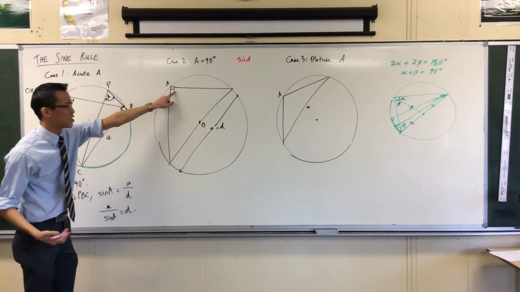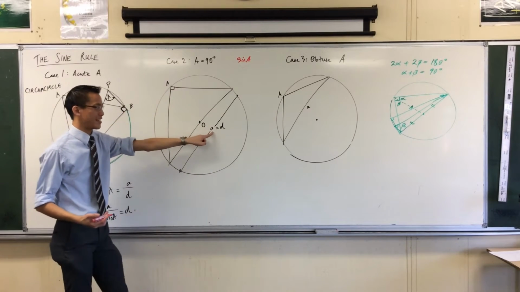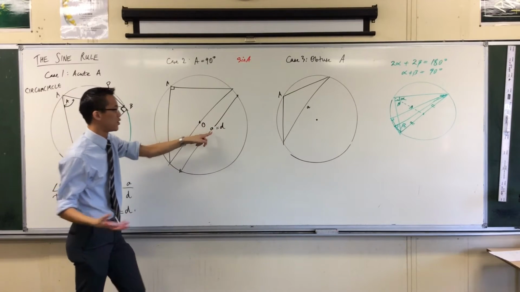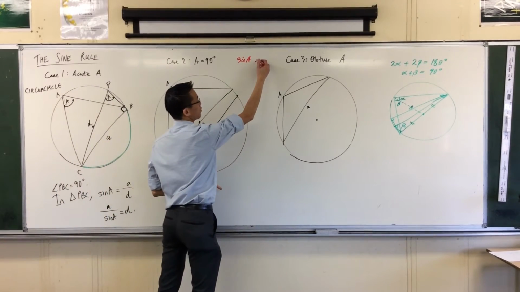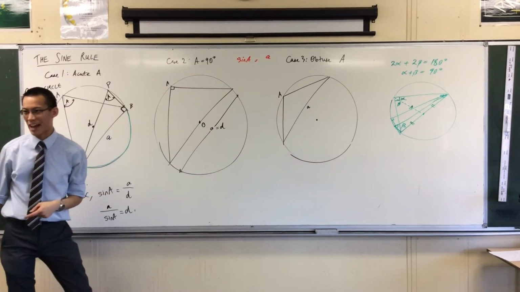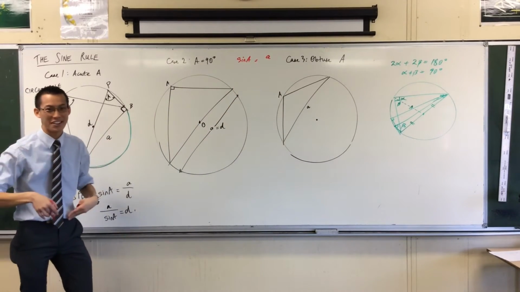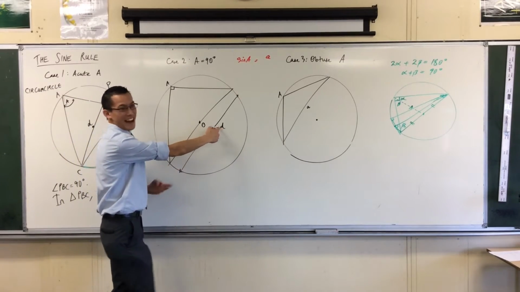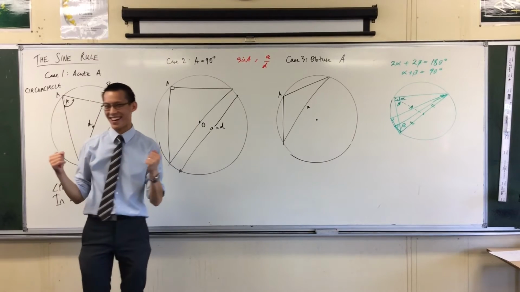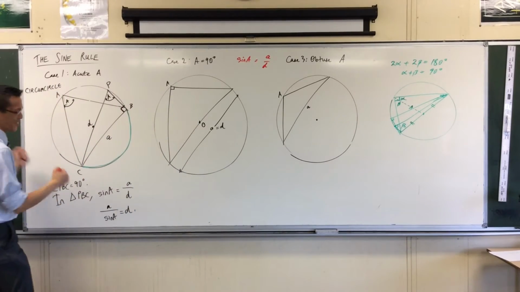Now A's over here, so the opposite side, you can write it as A or as D because they're the same. So you could write A as what you wanted, that's the opposite side. And then you can say it's opposite on hypotenuse, and the hypotenuse, I can write as D. And then you swap them around and you're like, yeah, I'm so cool.